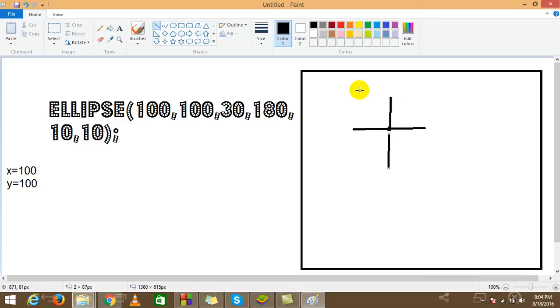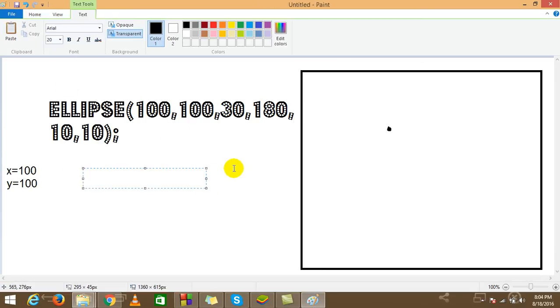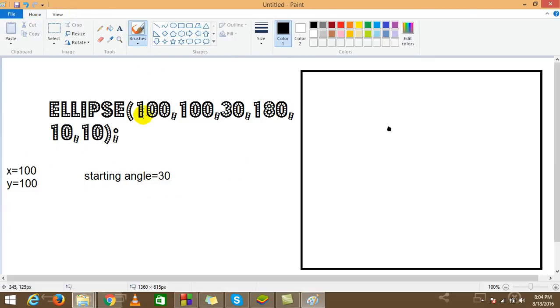So on the basis of these angles we are going to draw a particular arc by giving it as an argument. The third argument is the starting angle of our ellipse, which is given as 30. So our ellipse is going to start drawing from 30 degrees, which I suppose should be somewhere around here. Just mark the point.